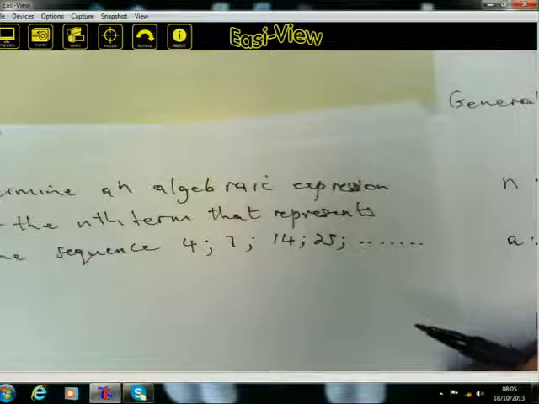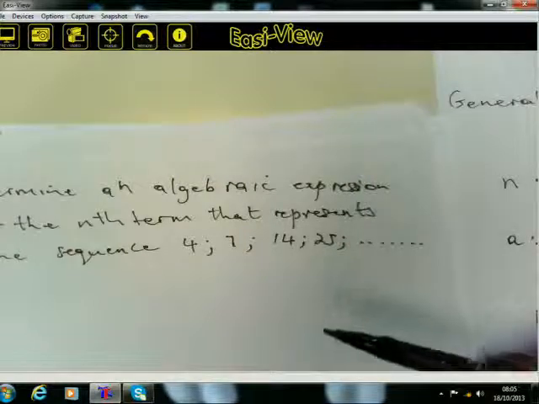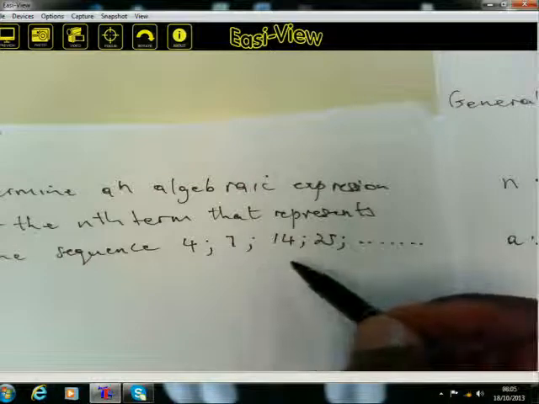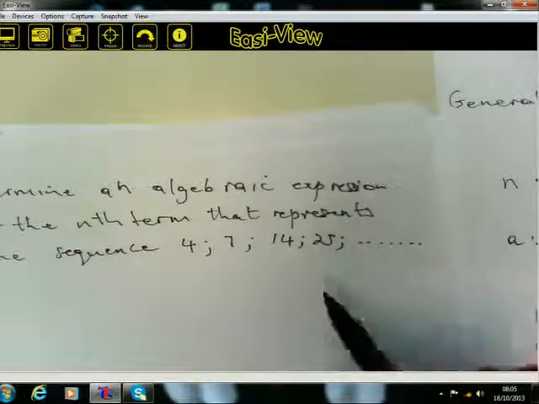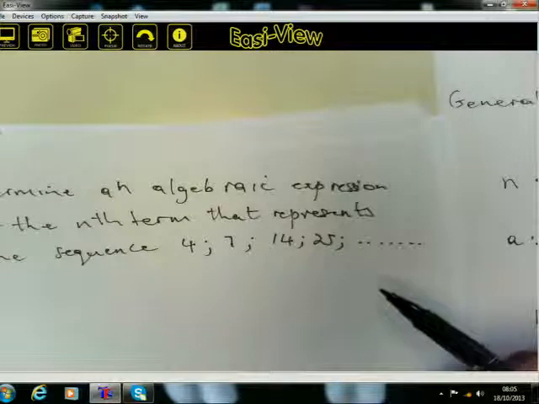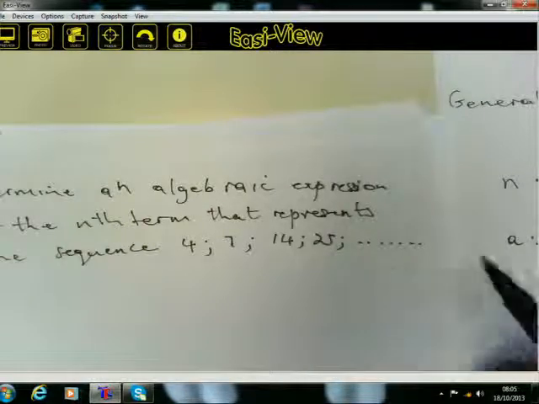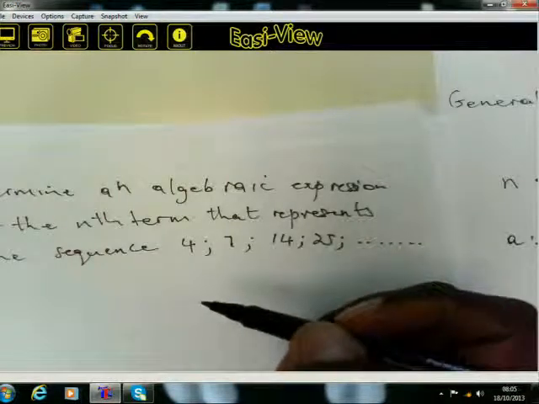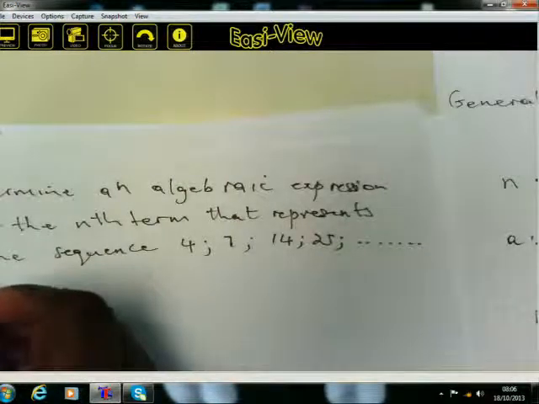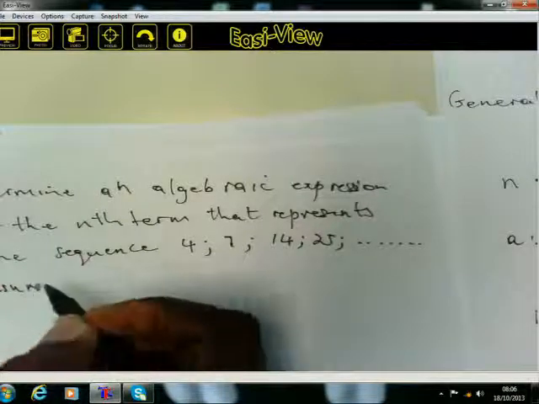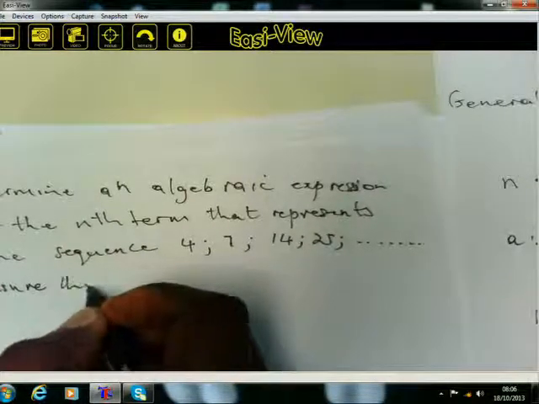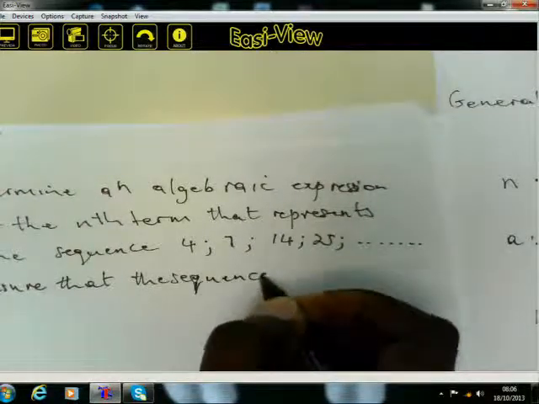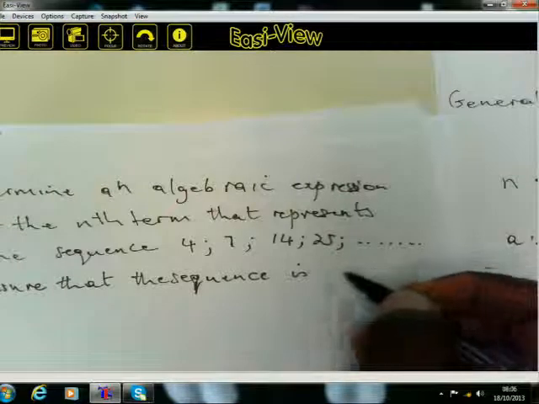In other words, we are given the sequence 4, 7, 14, 25 up to infinity. Now, we must get the what? The nth term, or the general term. In this case, you must make sure that the sequence is quadratic.